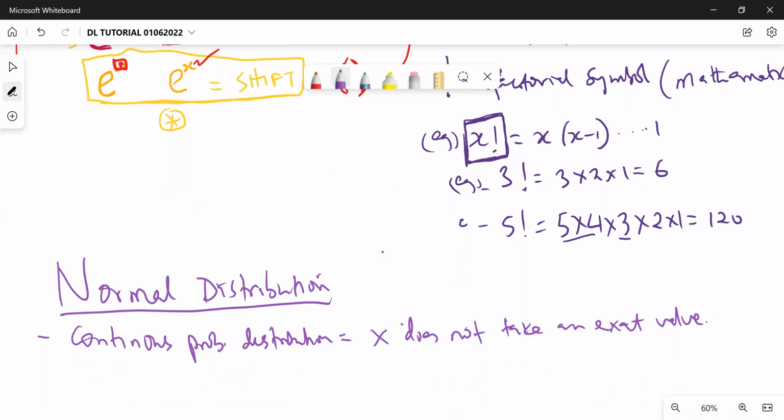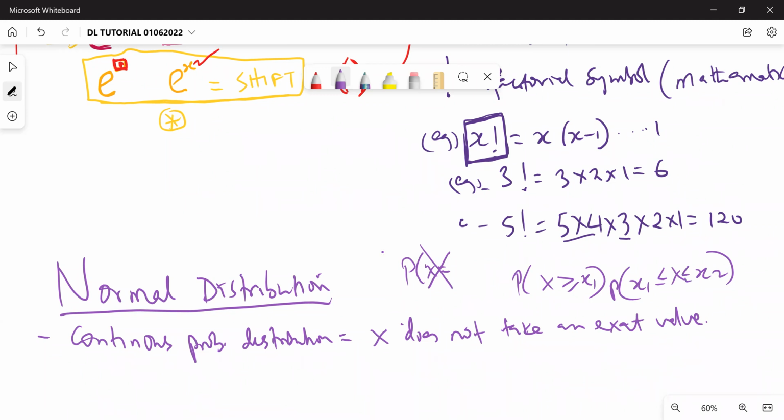So here, unlike in the other scenarios where we're talking about the probability that X is equal to, we'll not be talking about this anymore. We can talk about the probability that X is greater than or equal to some value, which is an interval. Or we can talk about X being within some interval like this, and so on and so forth.